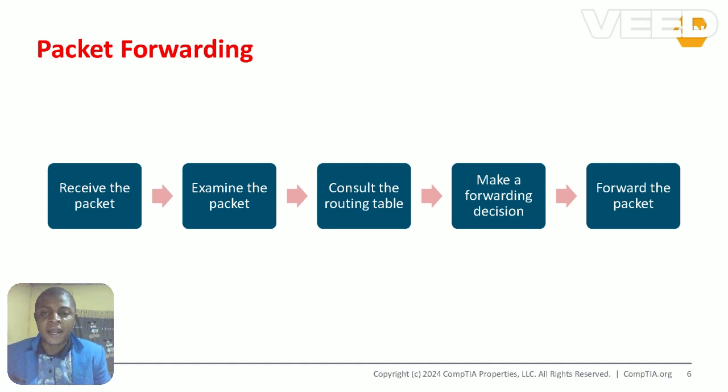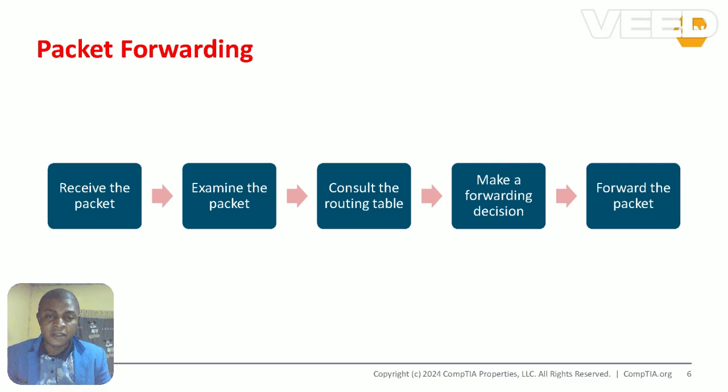Now we have packet forwarding. How do you forward a packet in a router? Number one, you receive the packet. When the packet gets to you, the second step is to examine the packet. The router has to check the packet, maybe to see if this is the right message it is expecting before it decides to move it somewhere else.